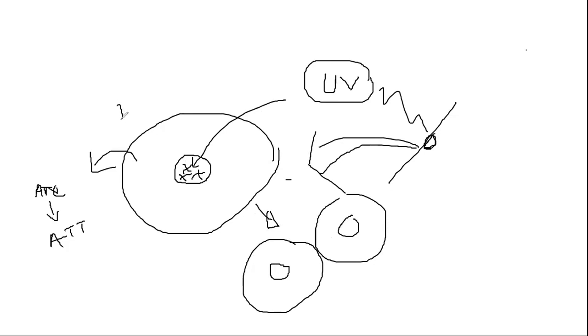Then the nutrient signals come, and the proteins which take these nutrient signals carry the information to the nucleus. So this is protein 1, which acts as a messenger protein, takes the information that nutrients are there, we can divide. That information is taken by protein 1 to the nucleus.